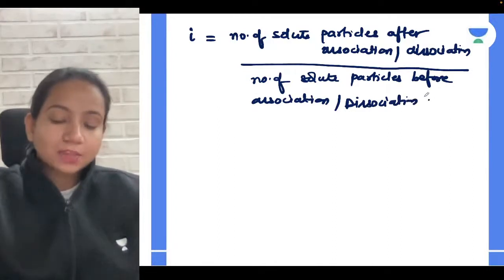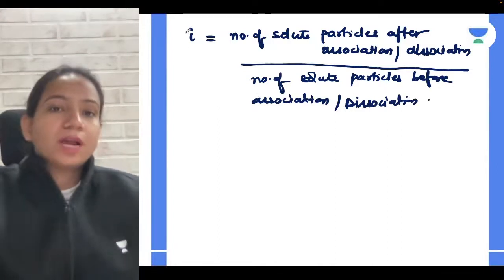So this way also you can calculate the value of I, which is the Van't Hoff factor.